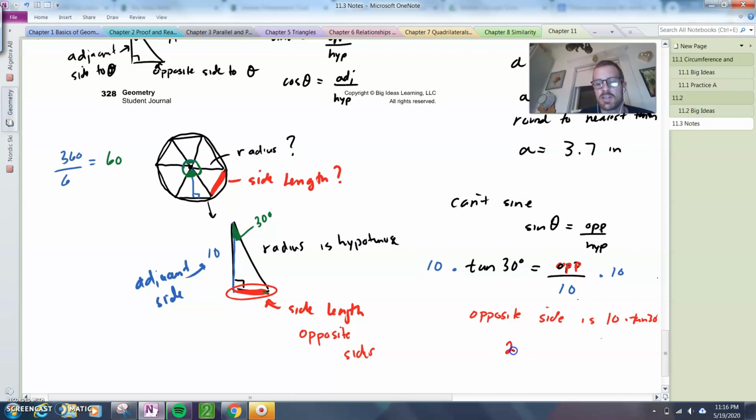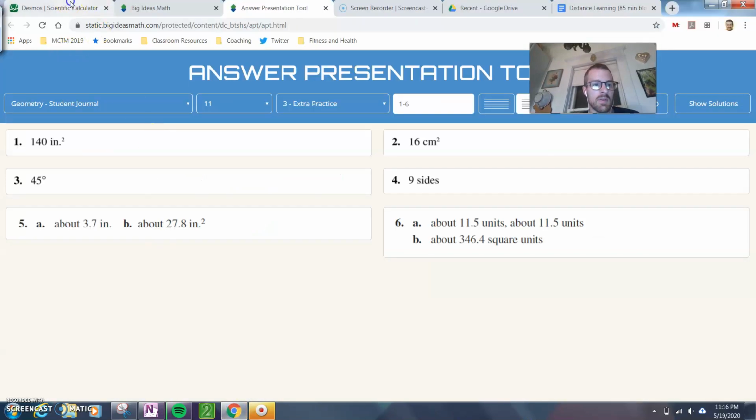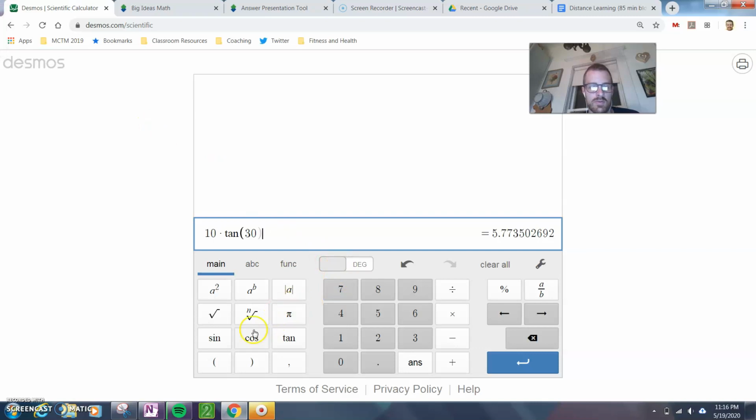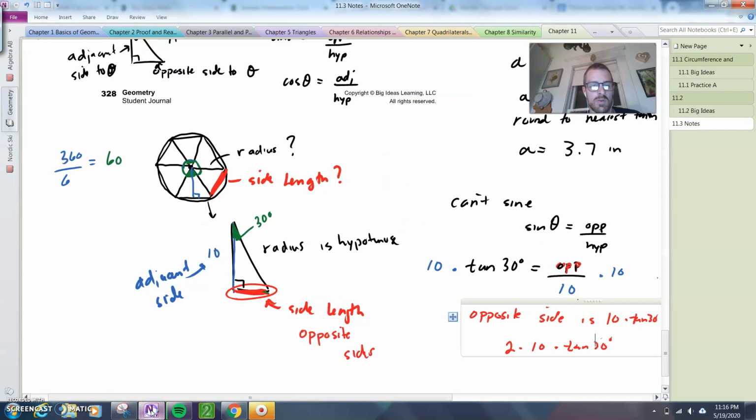So I actually need to take 2 times the 10 times the tangent of 30 degrees. So if I go back to my calculator, I need to finish this by also multiplying it by 2. And so I get 11.5. If I go to my answer presentation, that's what I got, 11.5. Good to go. So go back to my notes.